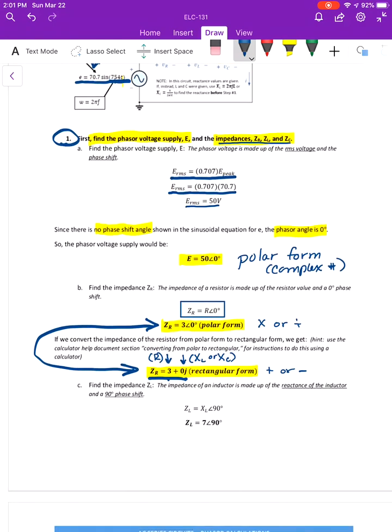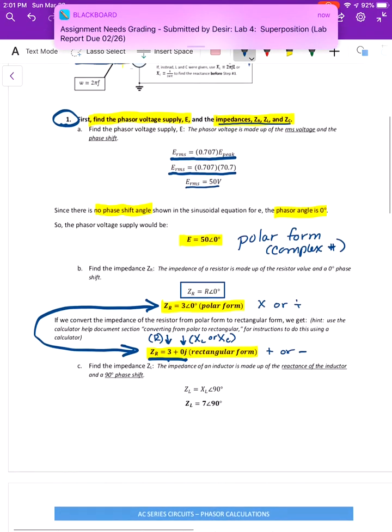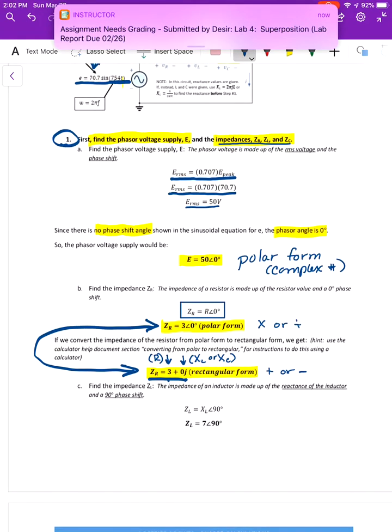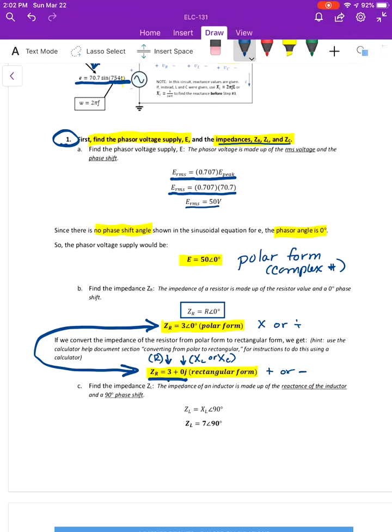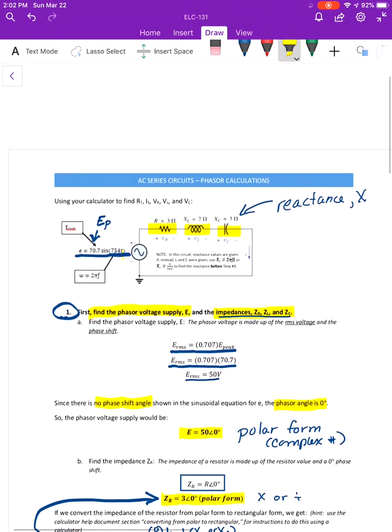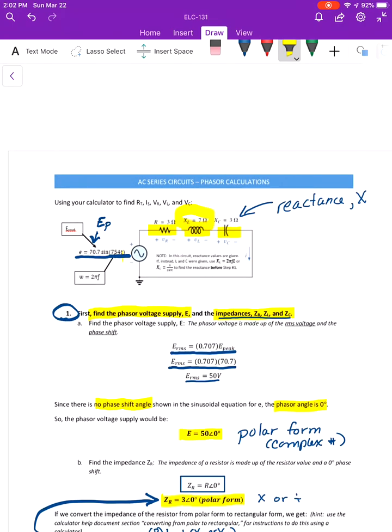All right, so find the impedance of ZL. Anytime you have an inductor, the inductor impedance is going to be X sub L at 90 degrees. That's just for an inductor, you're going to have that positive 90-degree phase shift there. So for ZL in this case, we found that X sub L is 7.